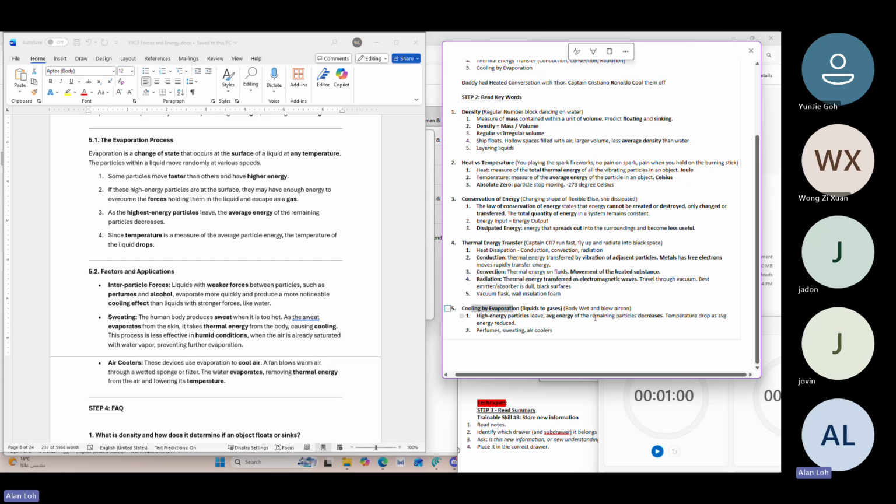How do you feel? You feel very cold, right? Because of the evaporation of the water away from your body skin. It is pulling out the heat from your body and dissipating it into the air, transferring it into the gas. Right.